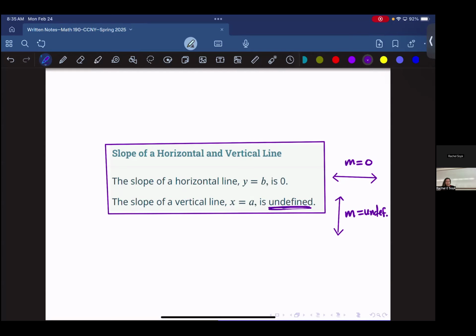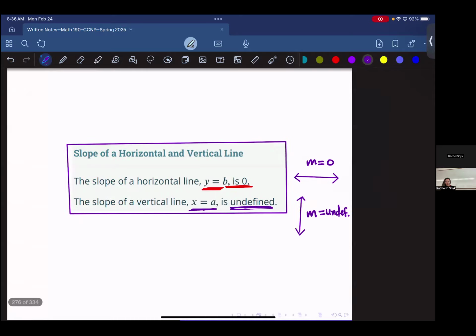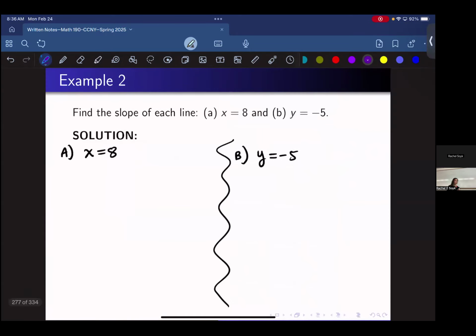All horizontal lines have slopes of 0. Any horizontal line is written as y equals some number. Any vertical line is written as x is equal to some number. Many students make that mistake. They confuse the two.